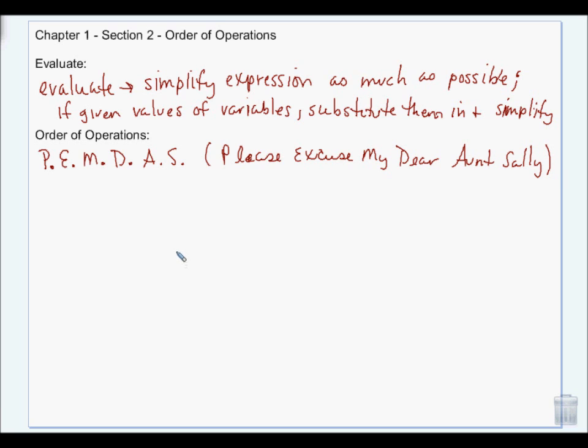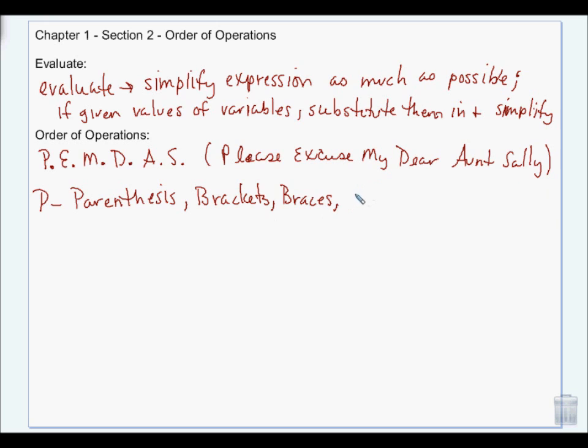Either of those sound familiar? Okay. The P stands for parentheses. But it's not just parentheses. It's also brackets, braces.